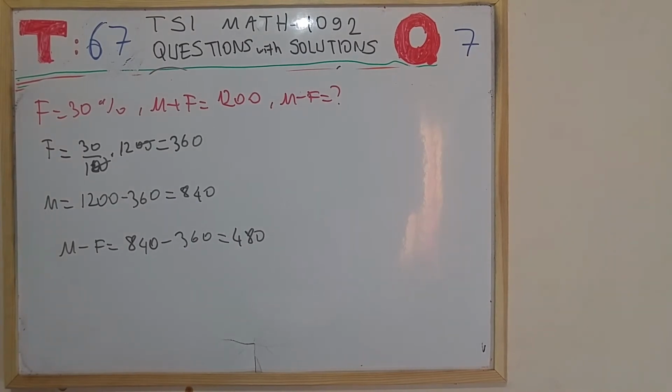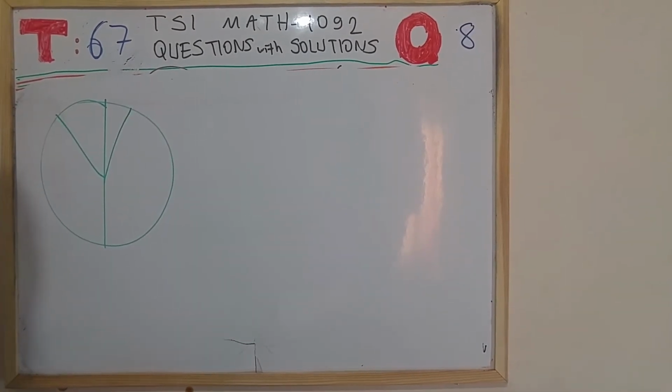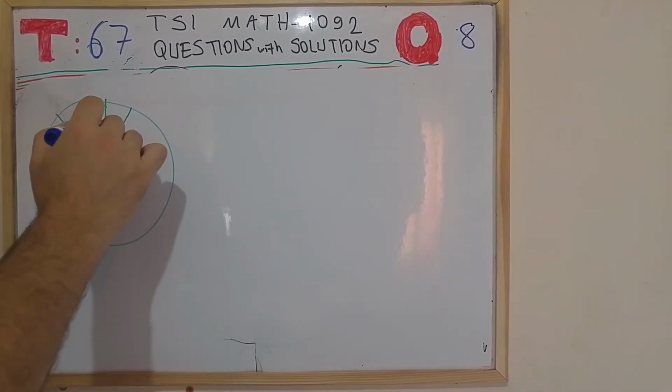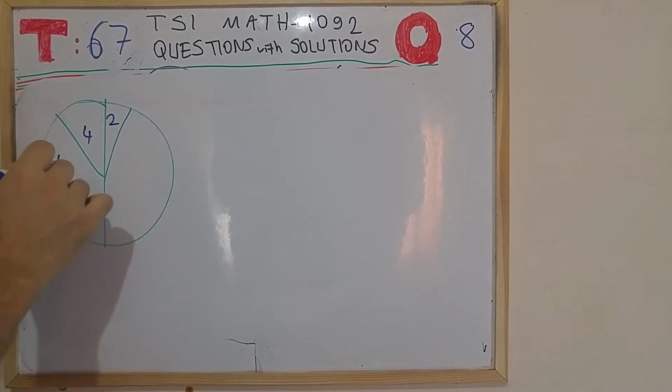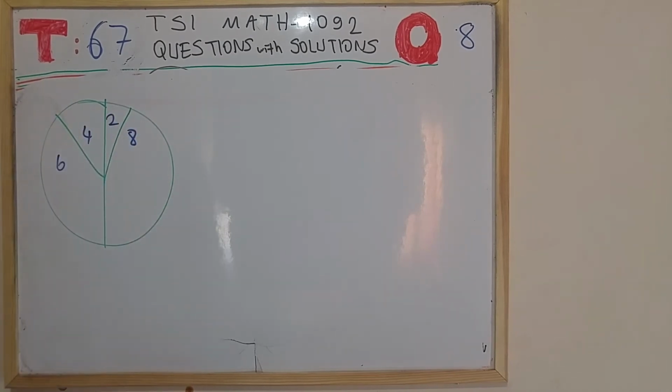Pie chart that we have in our hands, and these are proportional to 2, 4, 6 and 8. And when you look at the sizes of these, let's see if this is proportional.